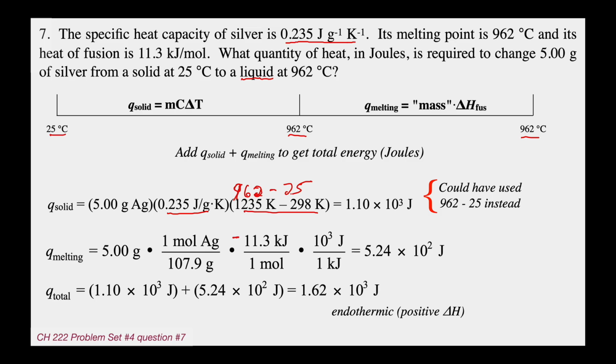Fusion is just for solid to liquid, but you want, in this hypothetical example, liquid to solid. So the overall Q would be negative 1.62 times 10 to the third joules. Remember, in thermodynamics, a lot of times if something is endothermic in one direction, it's exothermic in the other direction. Same magnitude, but different sign.